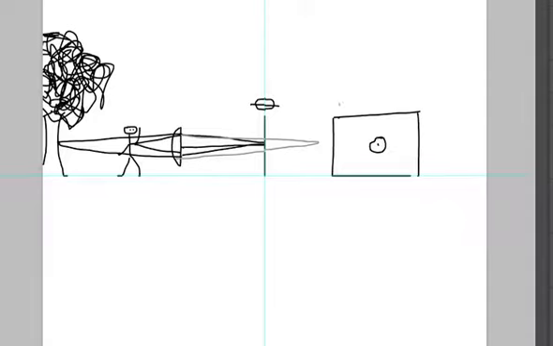And so on our diagram we can say focal plane, and we're imagining that this is with a wide aperture, and let's say this is f2.0. So focal plane at 2.0, and it looks something like this.